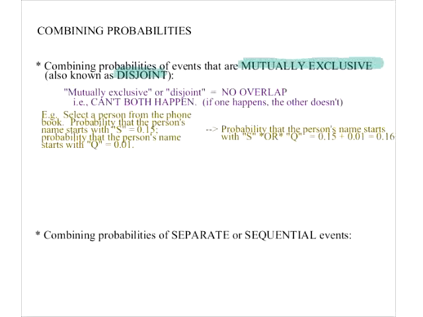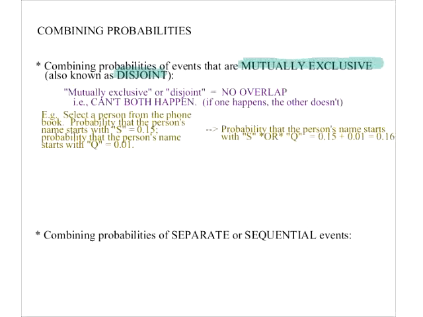So if two events are mutually exclusive, the takeaway here is that the intersection of those is 0. They can't both happen. But they're not really going to ask you that. They're not going to ask you for the probability of someone's name starting with Q and starting with S, because common sense says that's 0.